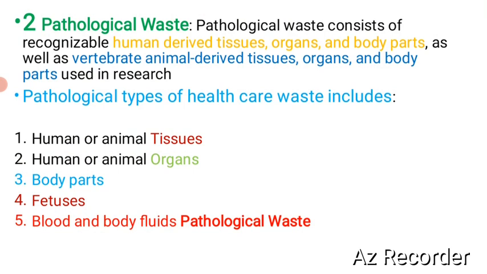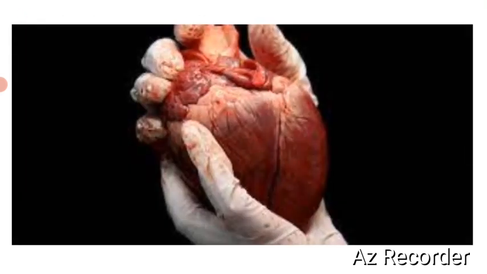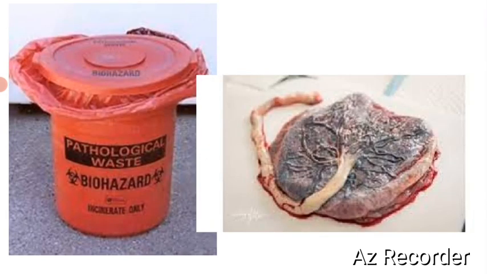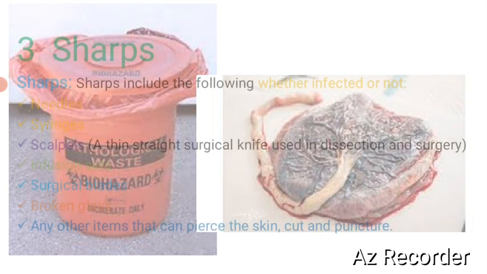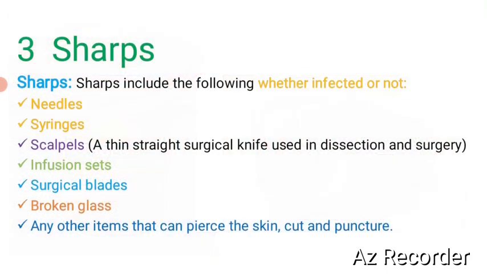All are pathological wastes. Let's see with pictures. For example, this is a human heart, so it is anatomical waste. And this is a placenta, so it is one type of anatomical or pathological waste.